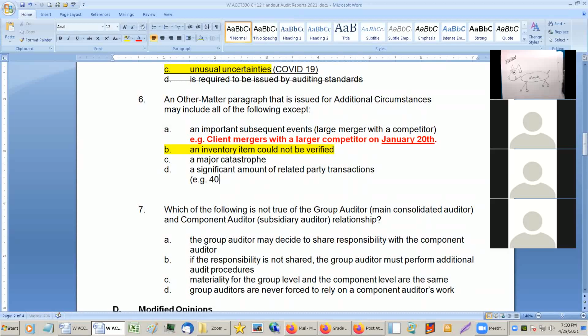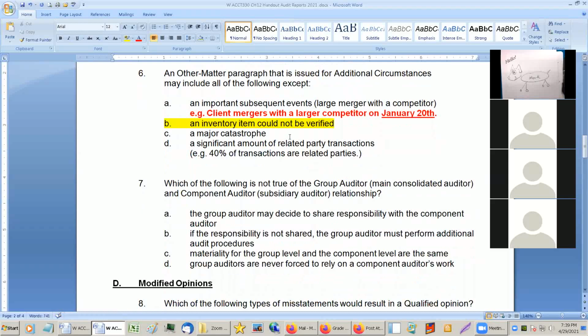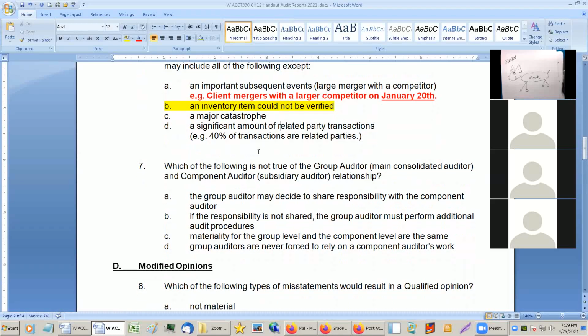Related party transactions are recorded in the footnotes, but you may bring this to people's attention. If there's a significant amount of related parties, you may say, look, this could be a problem.